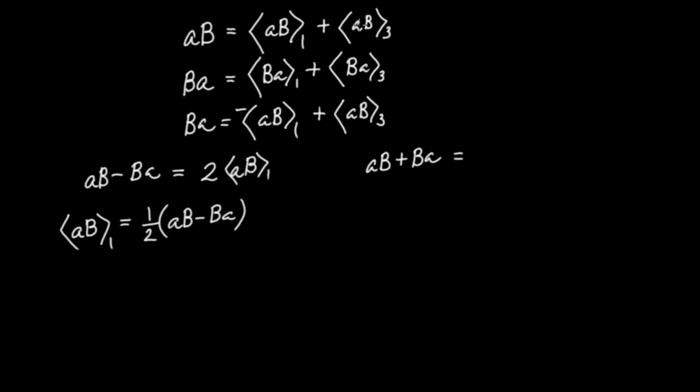And I get the grade 3 part of AB plus the grade 3 part of AB, so that's 2 times the grade 3 part of AB. And again, I divide both sides by 2, and what I could say is that the grade 3 part of AB is equal to 1/2 (AB plus BA).